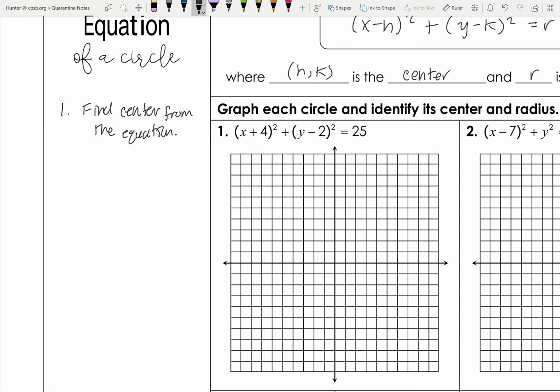You're going to find the center based on what the equation is. Number two, you're going to plot the center. Step 3, we're going to find the radius from the equation.